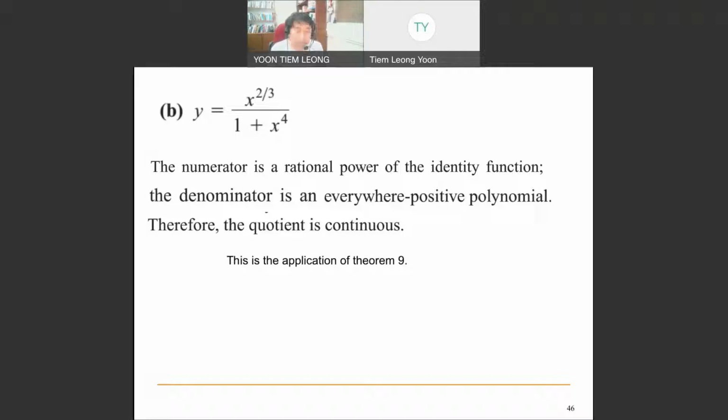I think this is the application of theorem 9. For this particular example B, the continuity of this function can be proven through theorem 9, which is to use the quotient theorem, but it is not, I think, easily proven using theorem 10.